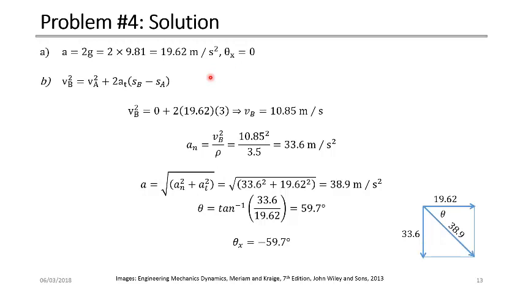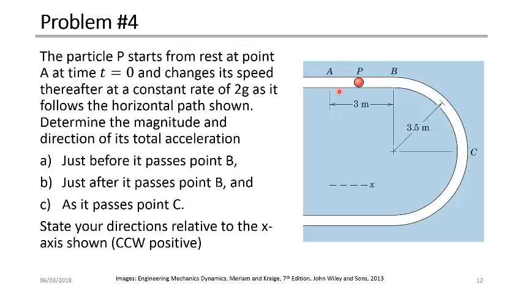In this case, between point A and point B, we consider that this is just rectilinear motion, so it moves in a straight line. But when it reaches here and follows this curve, we can use the normal-tangential coordinate system to study the particle motion along this curve.